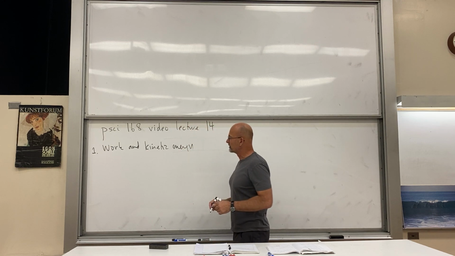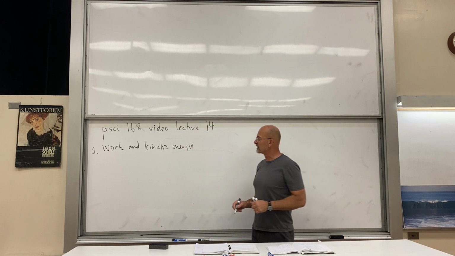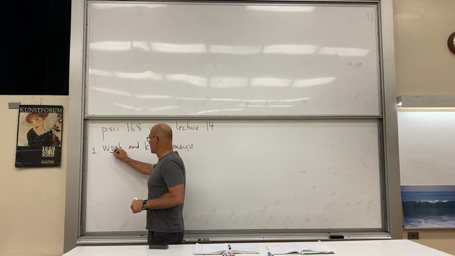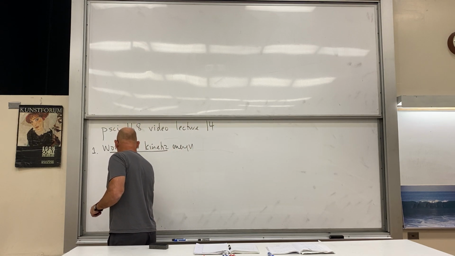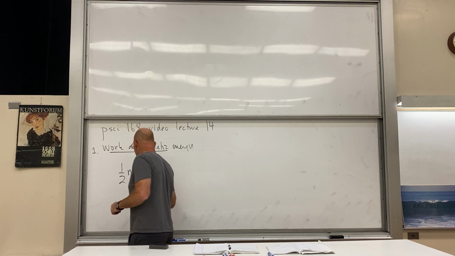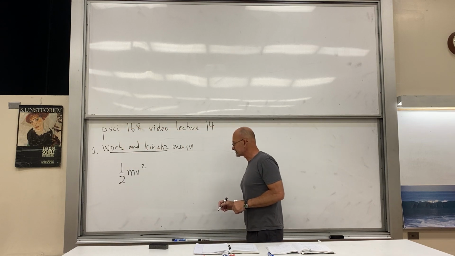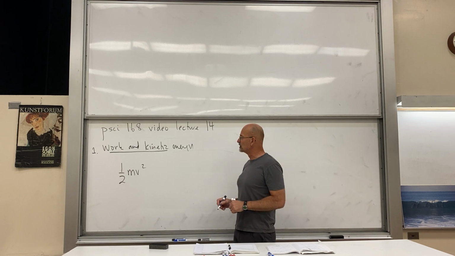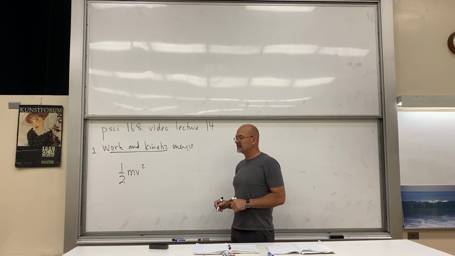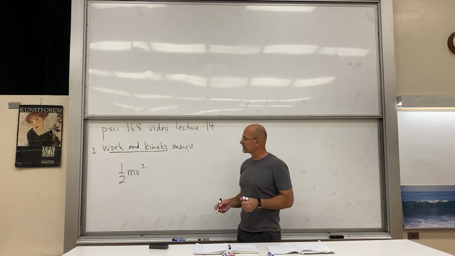What we learned discussing the meteor crater and other things as well is that you can have kinetic energy whose expression is a half mv squared, and that can turn into some work. In other words, that can do some work. We can dig a gigantic hole in the ground, for instance.